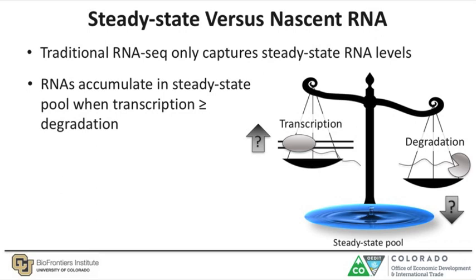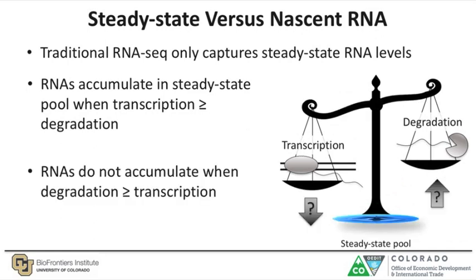But whether that is due to an increase in transcription or a decrease in degradation is unclear. The same issue applies when RNA levels decrease. Although this is an indication that degradation is occurring faster than transcription, it again is unclear whether or not this is due to a change in transcription or degradation.